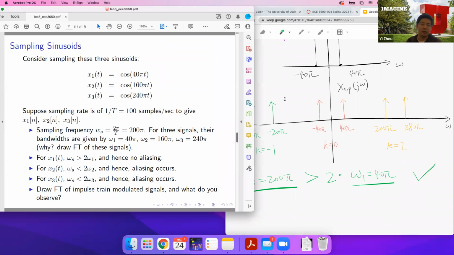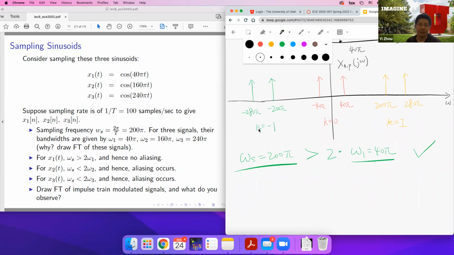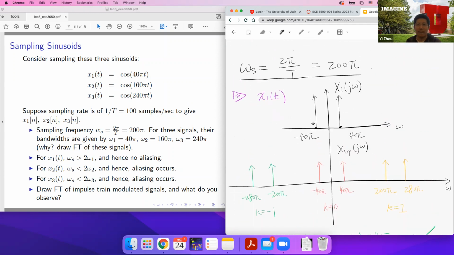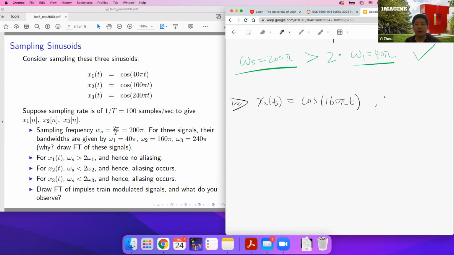Now for x2(t), we can do the same thing. x2(t) is cosine 160 pi t, so the omega 2 is 160 pi.